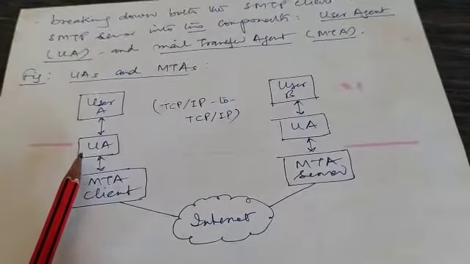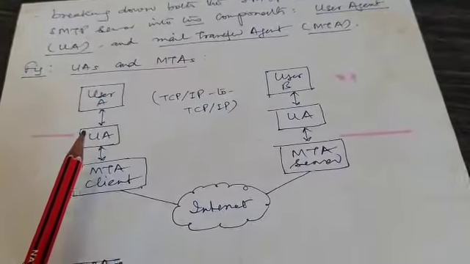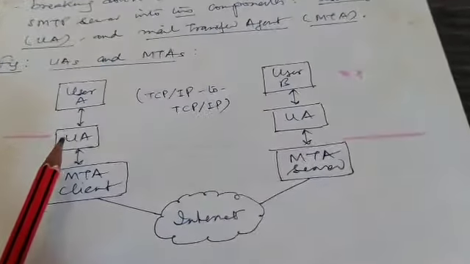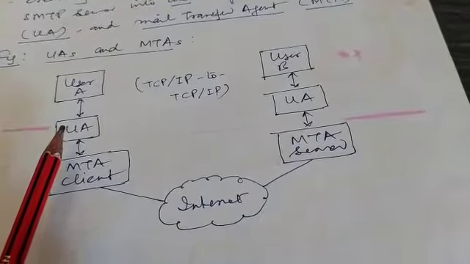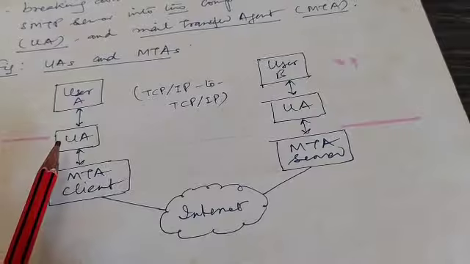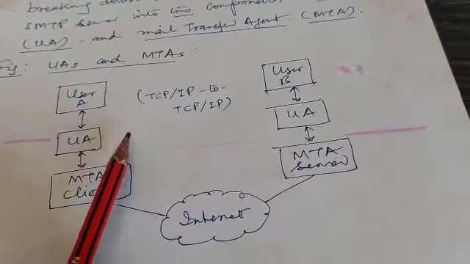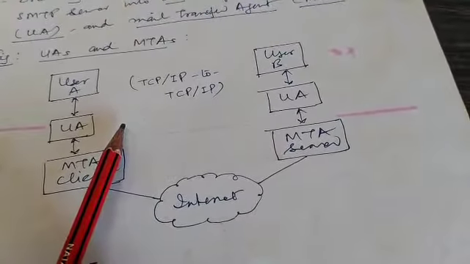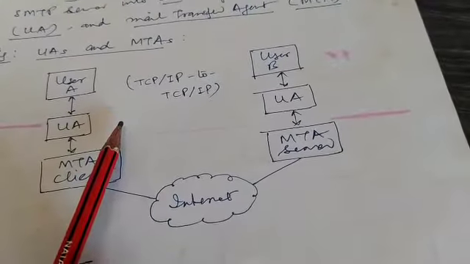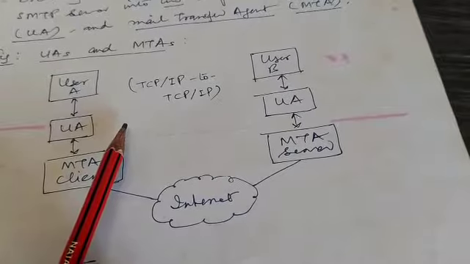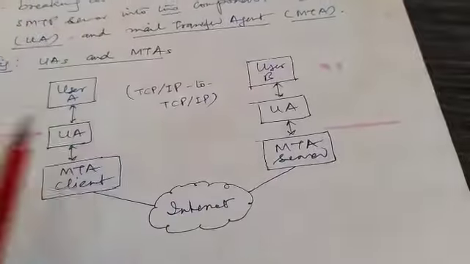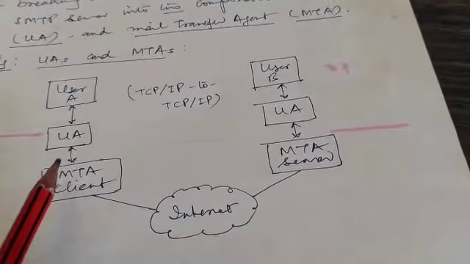Right, so this UA or user agent is basically the component which facilitates the users to access the system in a user friendly manner. So this user agent basically provides a user interface for sending the mails as well as for receiving the mails. The whole of this communication is bidirectional communication. Fine, so this was about the user agent.